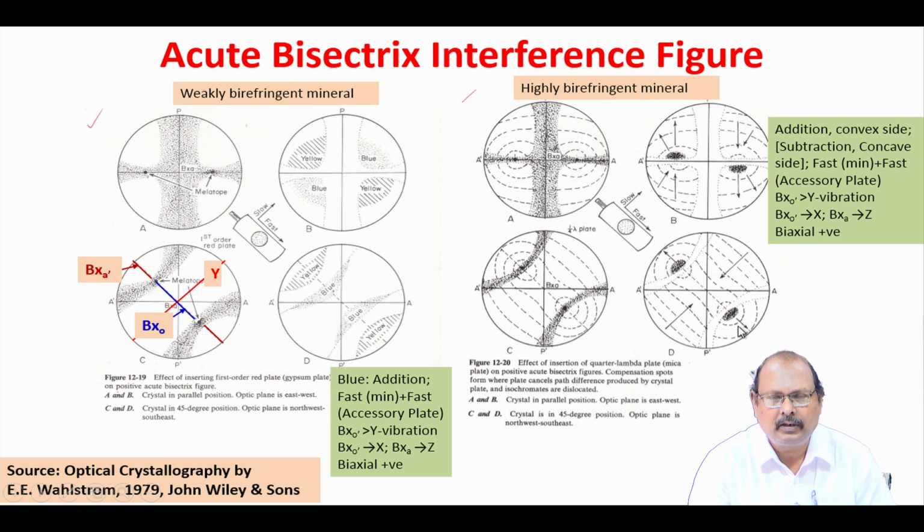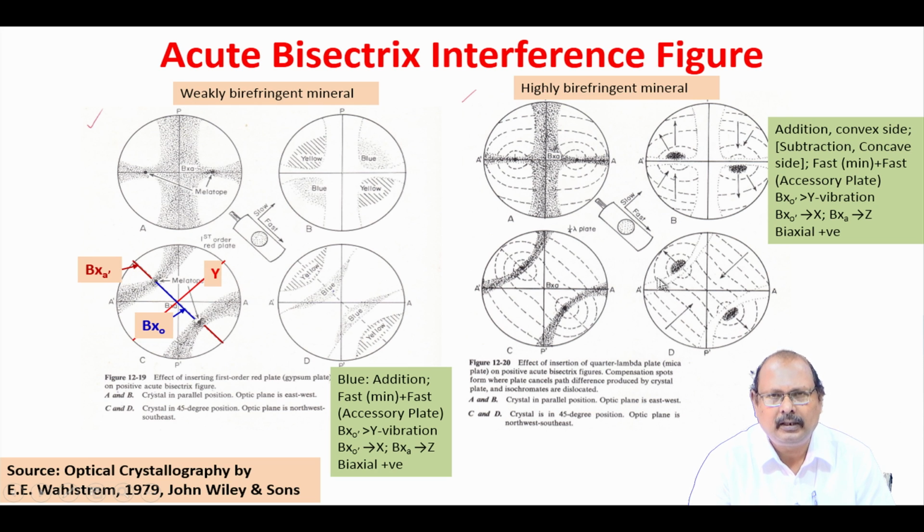And what you see in the concave side is the development of a compensation spot, as we have seen in uniaxial minerals, when we used the uniaxial interference figure, particularly for the calcite mineral. We have seen how, with the insertion of the mica plate, you have compensation spots developed in certain quadrants, and we told you this is confirmative evidence that compensation spots are indicative of the subtractive effect.